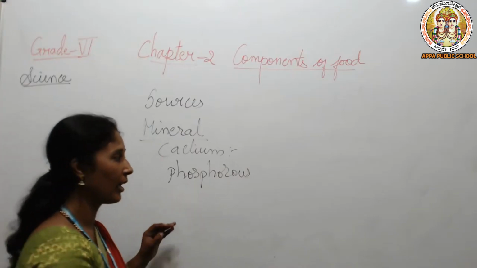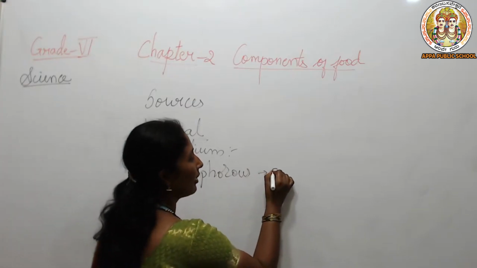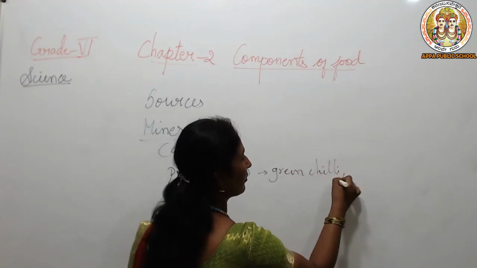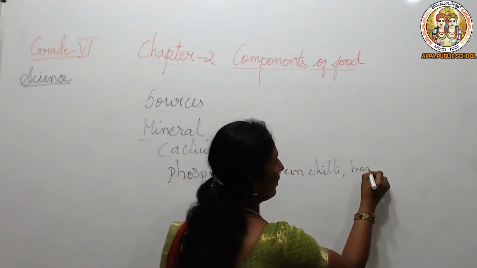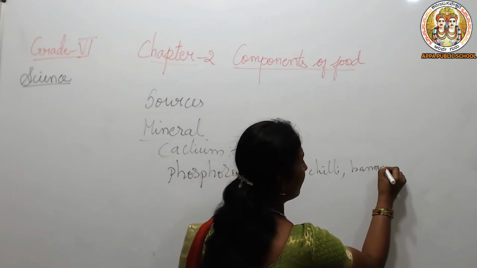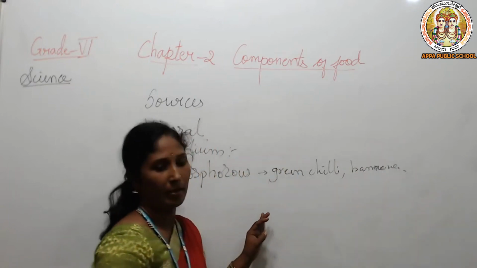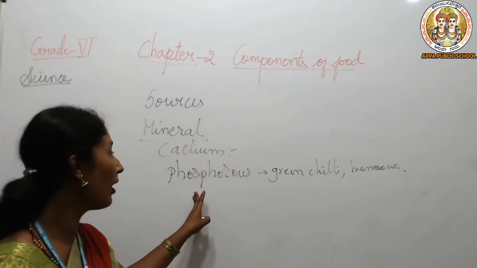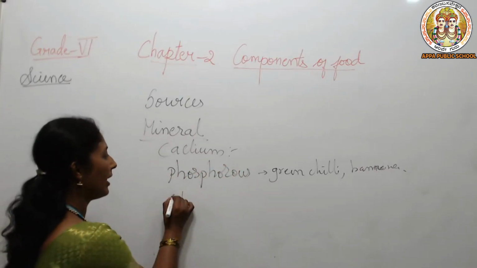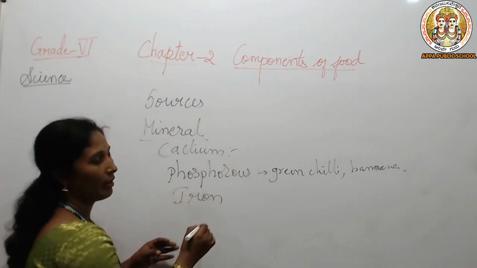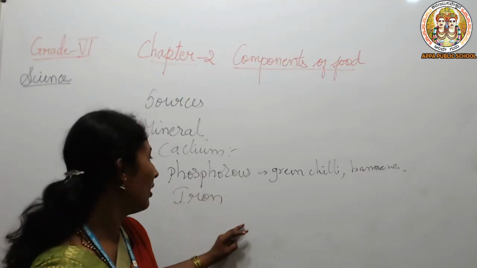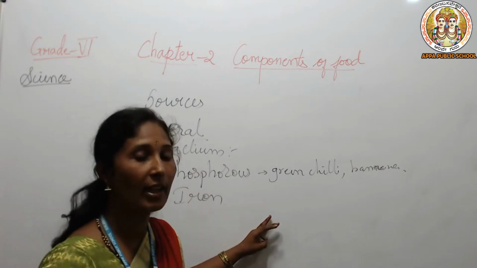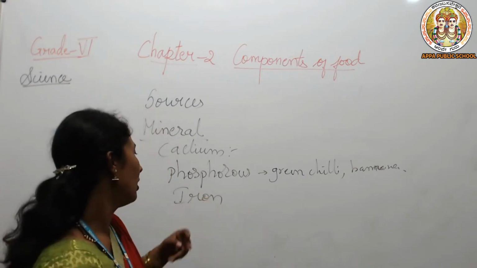Phosphorus we'll get from green chili, banana, many from the grains. From milk also we'll get phosphorus. Iron, from green vegetables, from apple we'll get iron, from dates we'll get iron, yes.